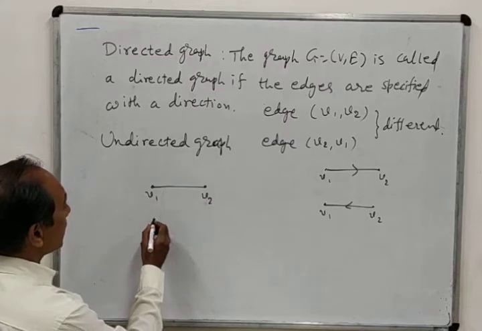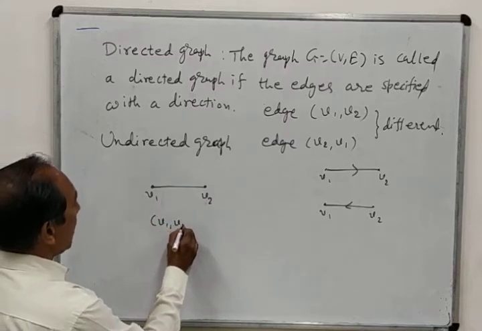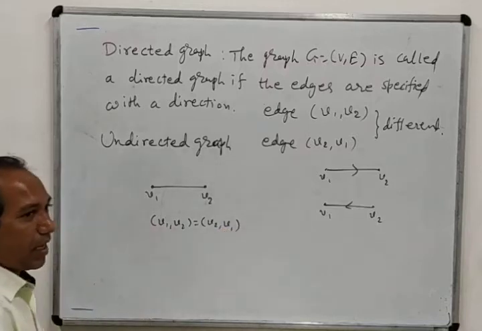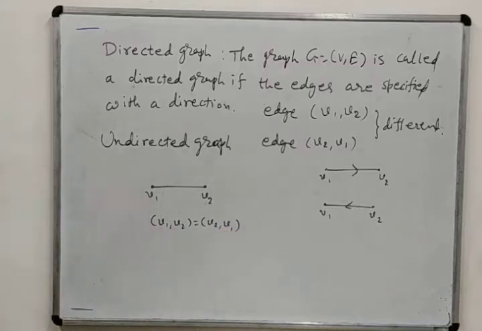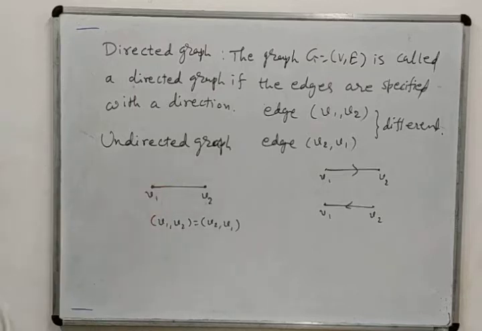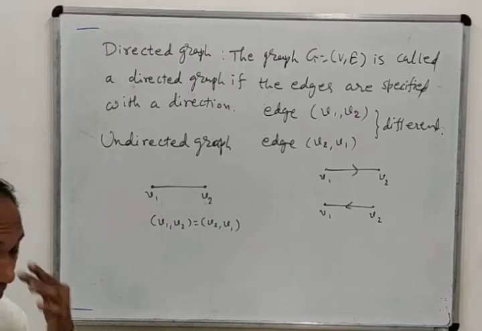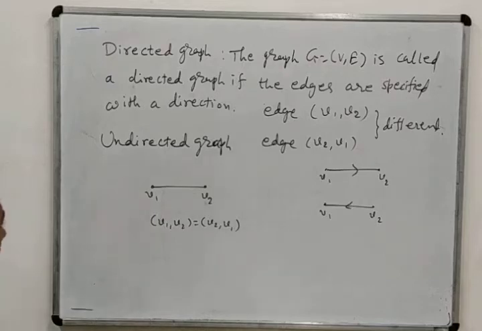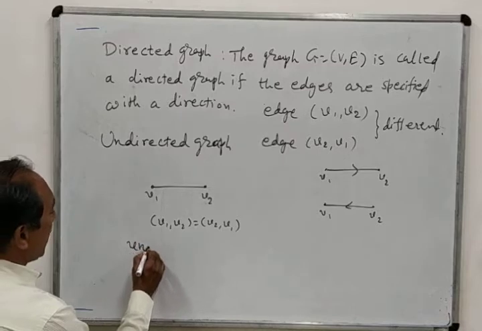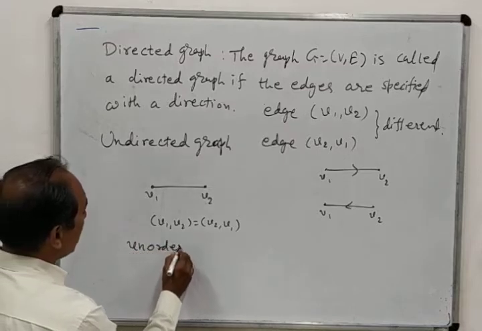That's why in the original definition of a graph, which we started in the first lecture, the edges are specified by an unordered pair.